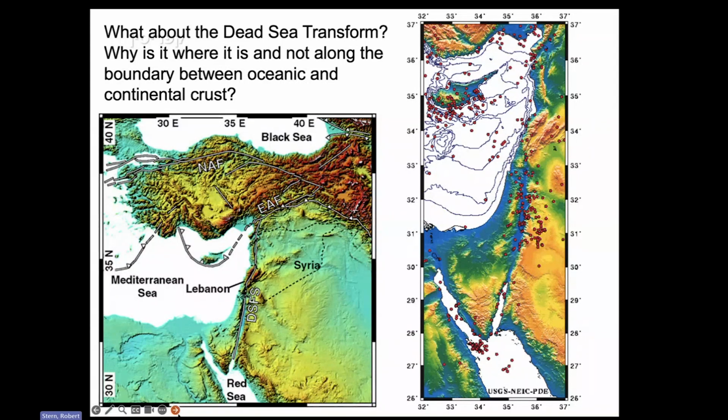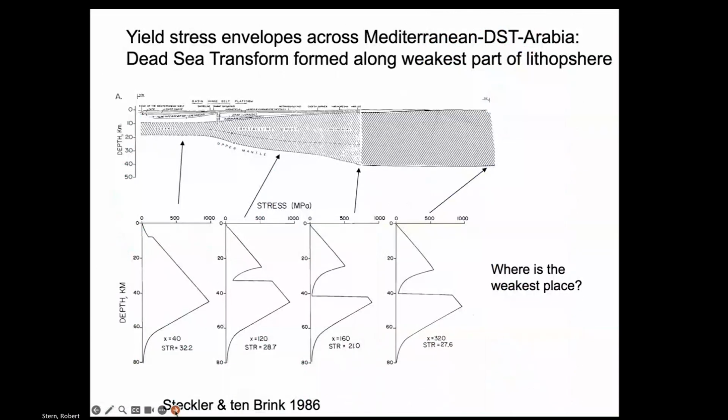So if we take our rheology, here is sort of a profile from the Eastern Mediterranean into normal continental crust of the Arabian Plate. So the actual margin there is some kind of a Paleozoic passive margin.